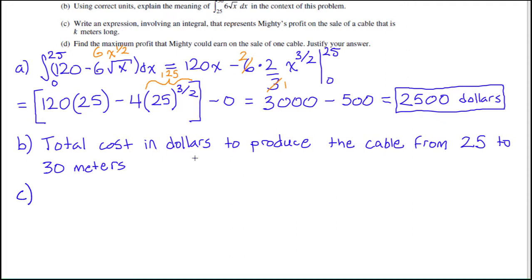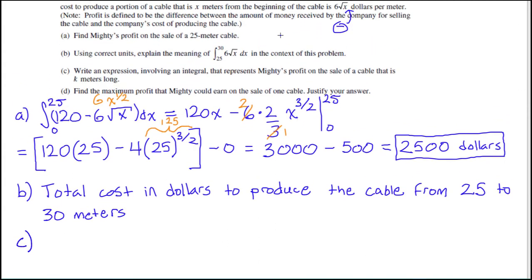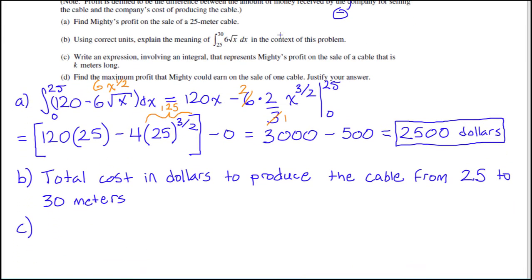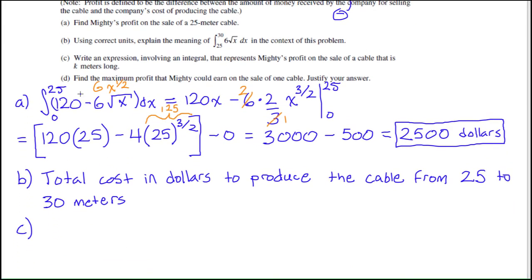Write an expression involving an integral that represents the profit when I'm k meters long. All right, so what am I going to do? You don't even need to simplify it either. Would it be the integral from 0 to k of 120... the first one?